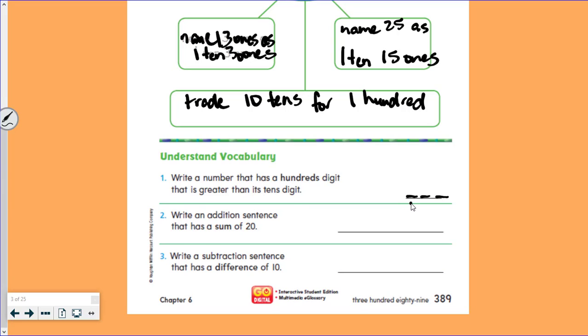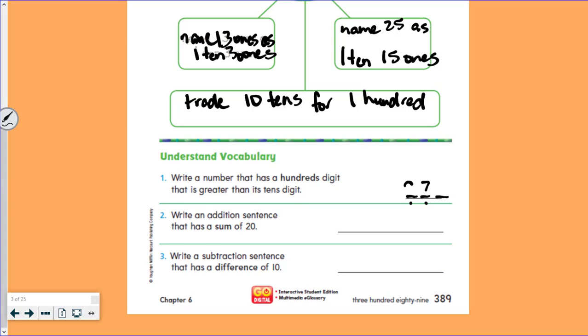The digit here in the hundreds place has to be greater than whatever number I choose for my tens. So for my tens, if I choose 3, my hundreds digit has to be 4, 5, 6, 7, 8, or 9. If I chose for my tens digit to be 7, then my hundreds digit has to be 8 or 9.